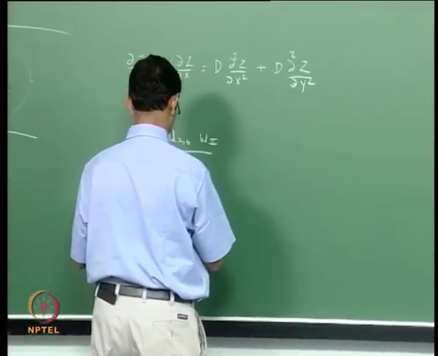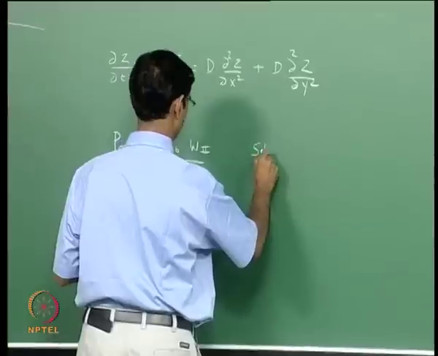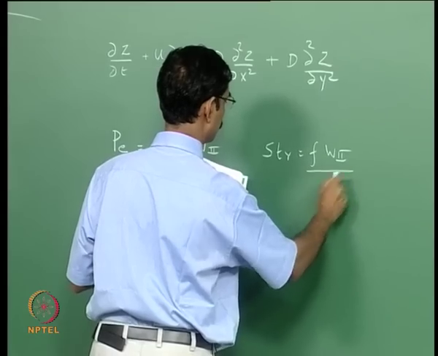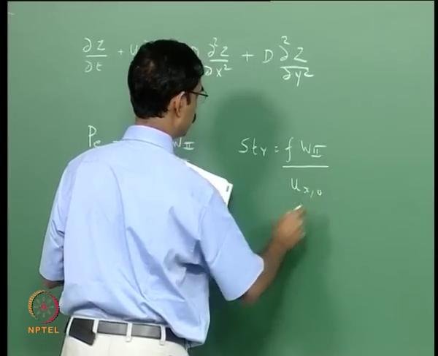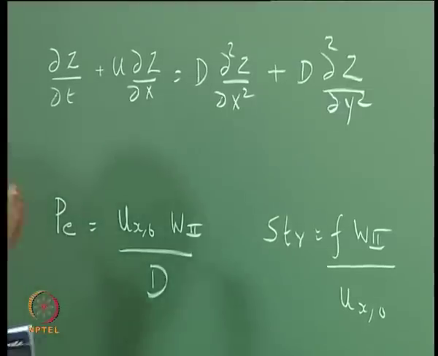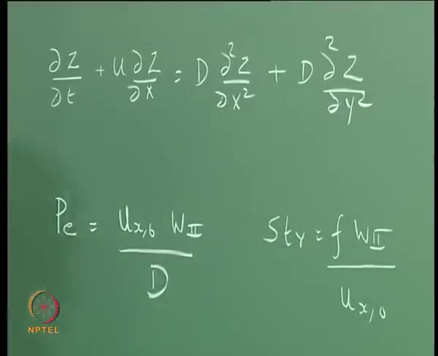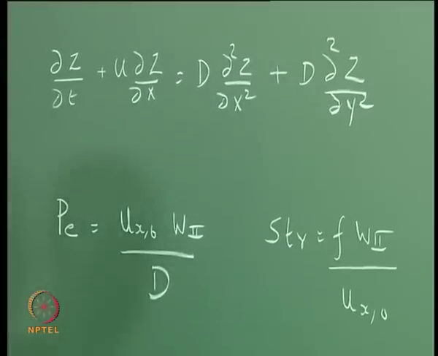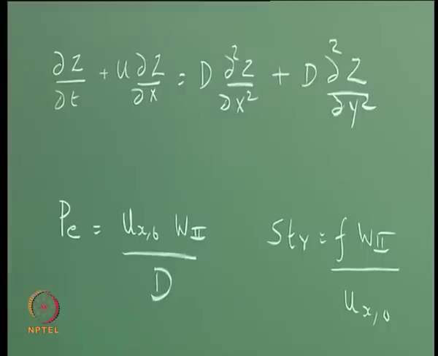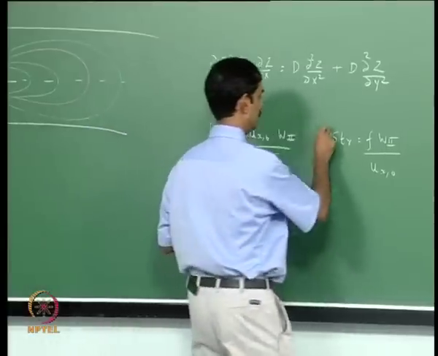Similarly we have the Strouhal number. W2 over u_x,0 denotes one time scale, and 1 over f denotes another. This is the time scale of the flow, and 1 over f is the time scale associated with the unsteadiness.